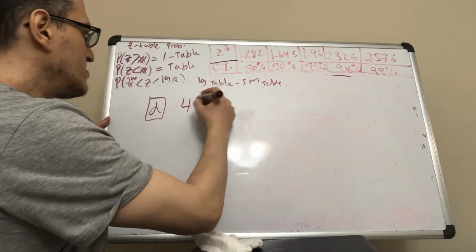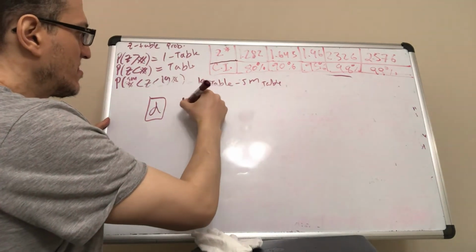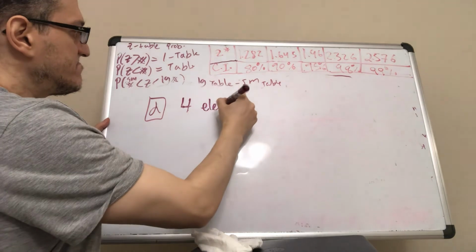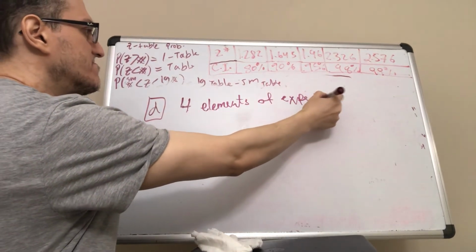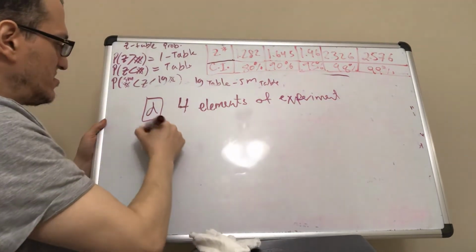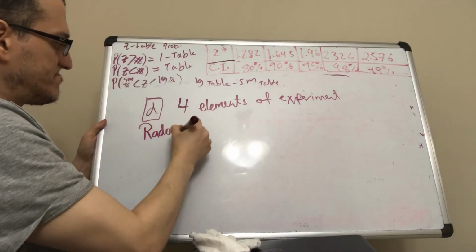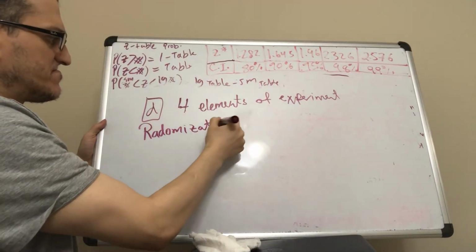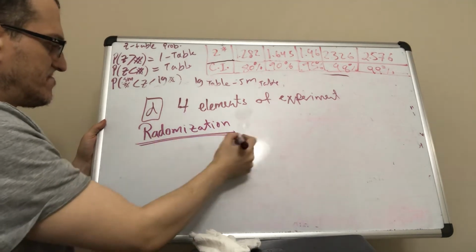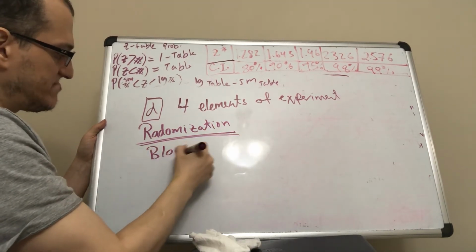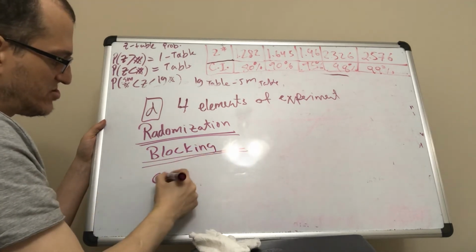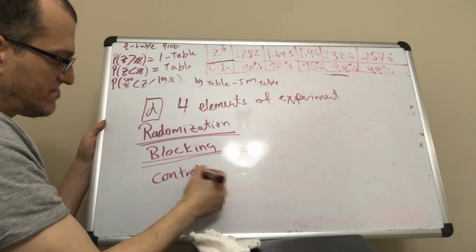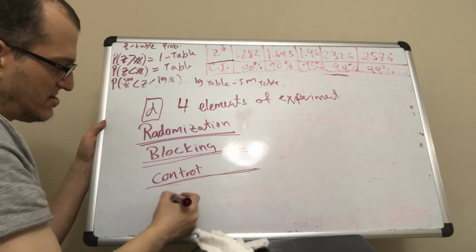The 4 elements of experiment: randomization, blocking, control, replicate.